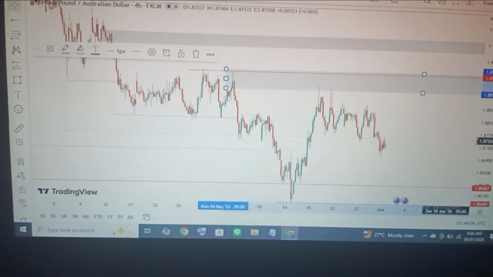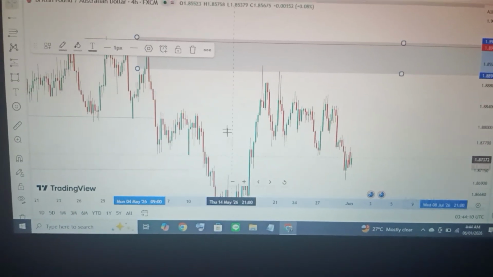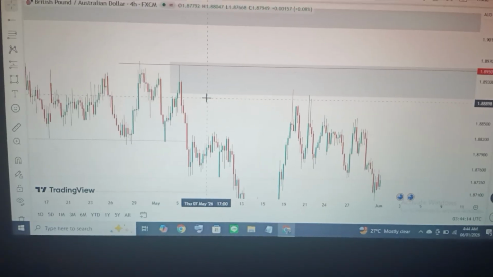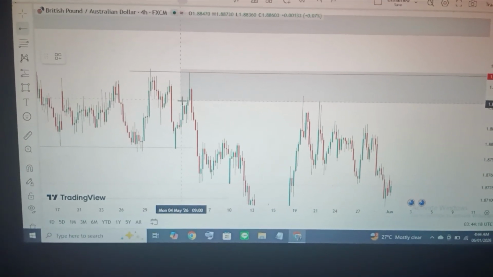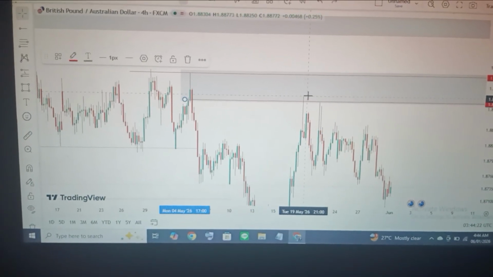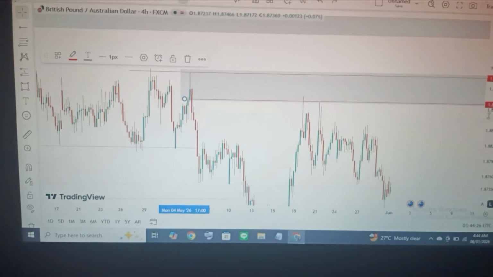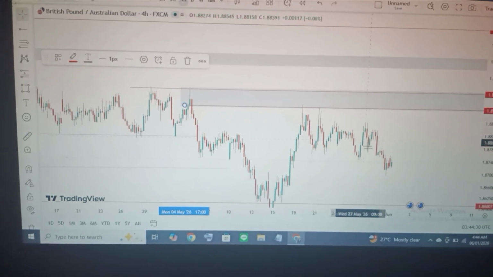If you closely examine the structures here, this is a supply zone. You can see when price tapped into the level, we had this aggressive push from this zone. Once you had a tap into this supply zone, what do we expect?